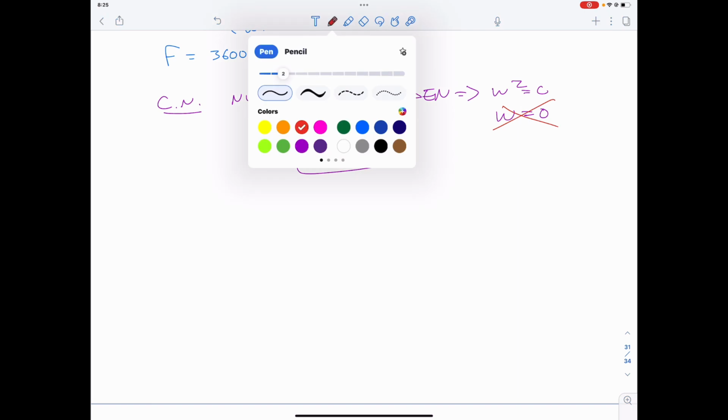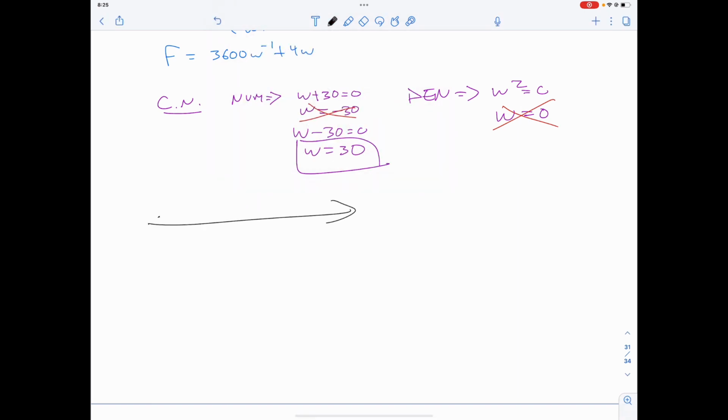So what are we going to state? We're going to say that we have 0, we have 30, so we can pick 1 and 35. And my F prime at W is going to be negative and then positive, which means that my F of W is going to be decreasing and then increasing, and there is my min.